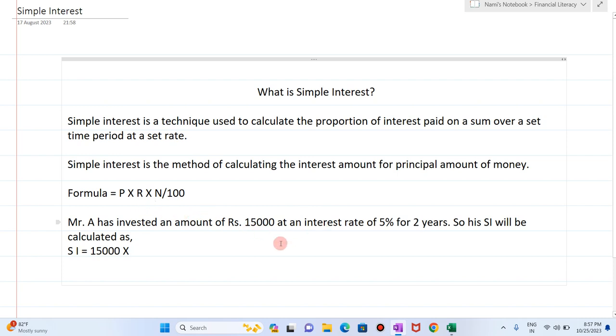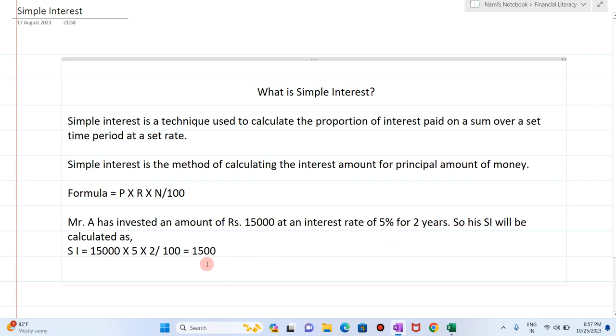Rate is 5%, multiplied by N, for how many years? 2 years, divided by 100. So the total simple interest is how much? 1500. So Mr. A, who has invested 15,000 for 2 years at 5% per annum, has a simple interest of 1500.